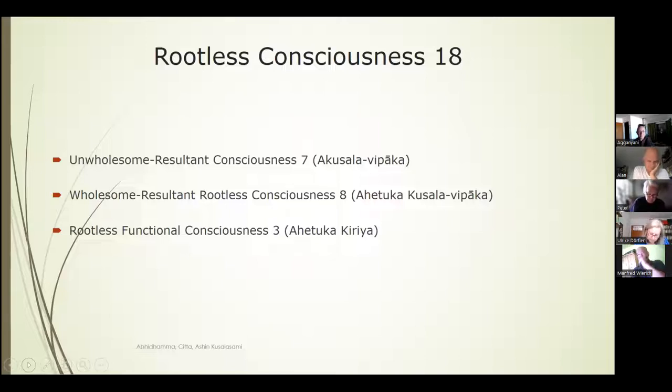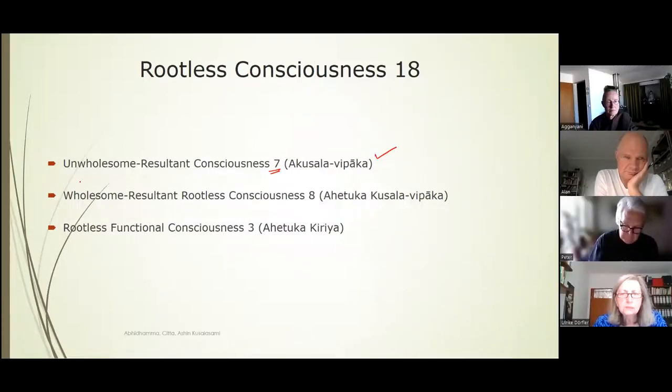Rootless consciousness, 18. Out of these 18 rootless consciousness, 3 kinds of Chetas, or consciousness, are divided. The first group is 7 Akusala Vipaka Chetas, unwholesome resultant consciousness.